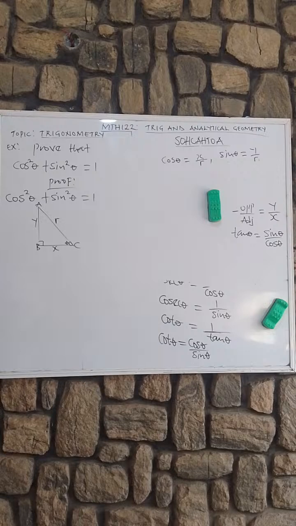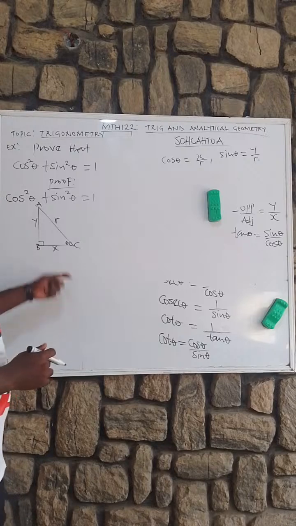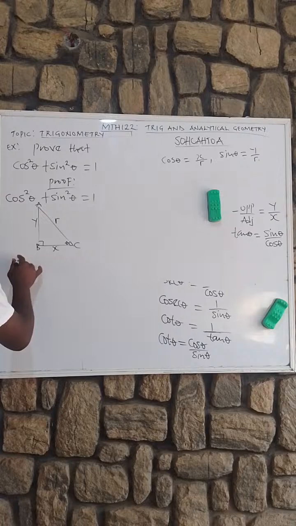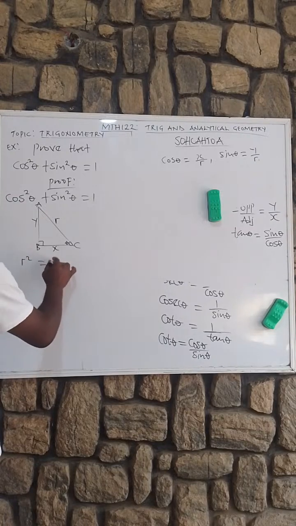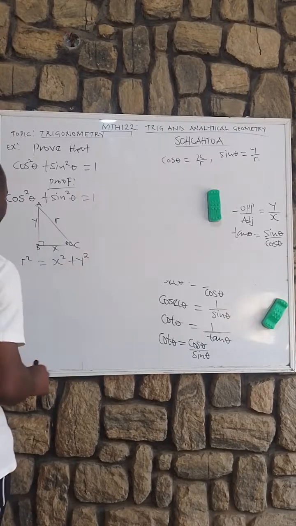What you need to do is let us have our right angle, and let us recall our Pythagoras theorem. That is Pythagoras theorem. It says r square is equal to x square plus y square.